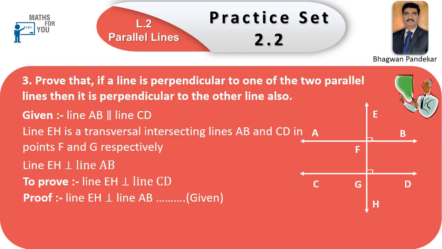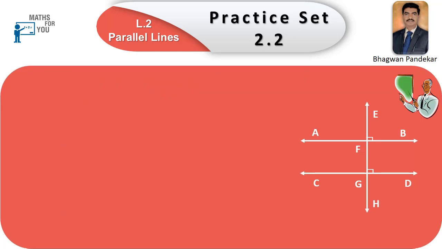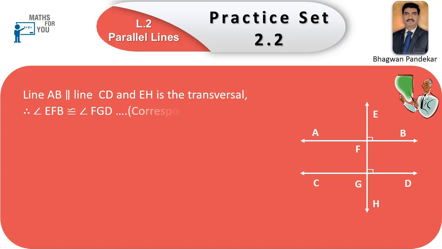Proof: line EH is perpendicular to line AB, here the given information. Therefore, angle EFB is equal to 90 degrees. This is equation first. Line AB is parallel to line CD and EH is a transversal. Therefore, angle EFB is congruent to angle FGD.